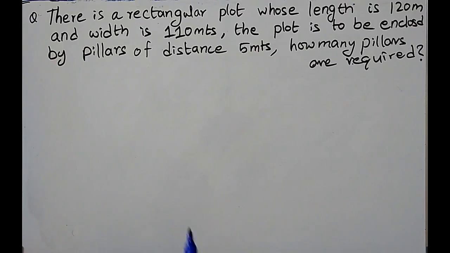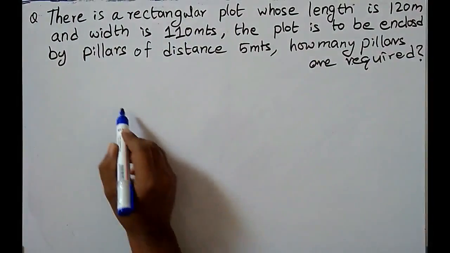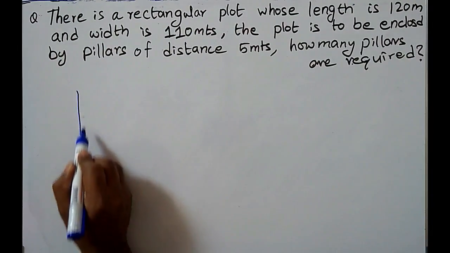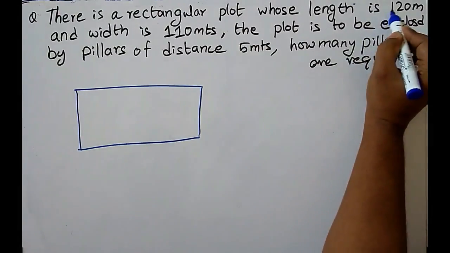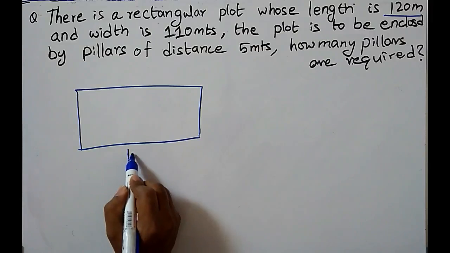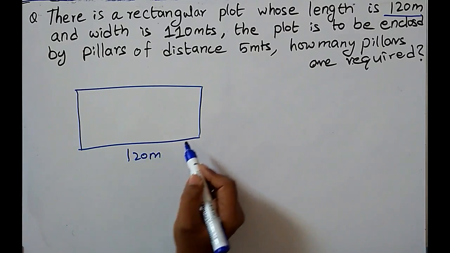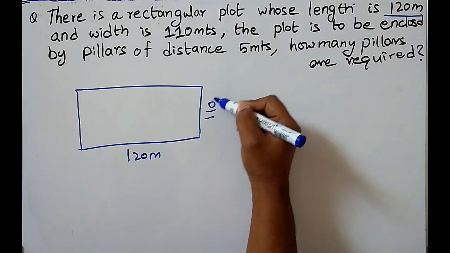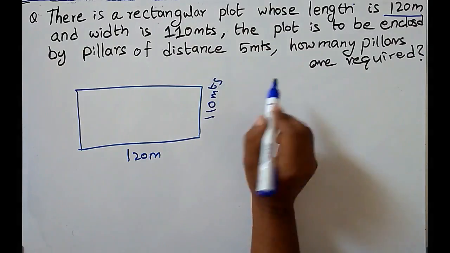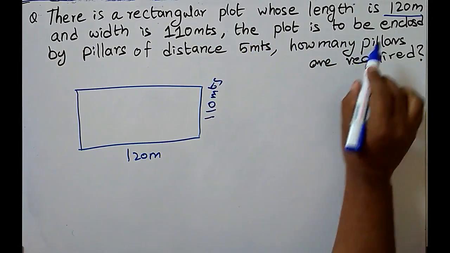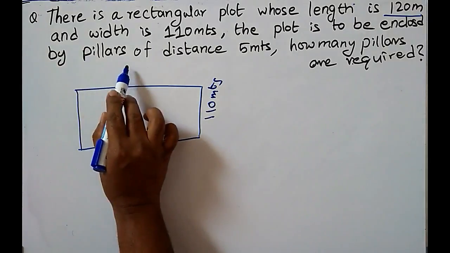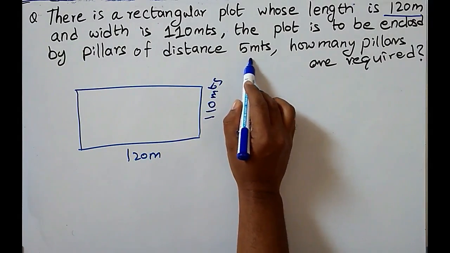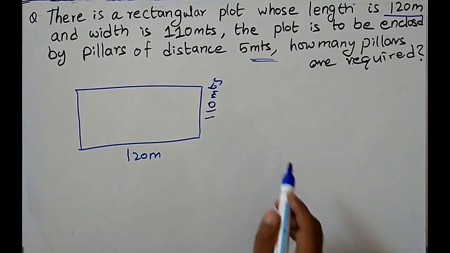There is a rectangular plot whose length is 120 meters and width is 110 meters. The plot is to be enclosed by pillars at a distance of 5 meters. What does it mean?